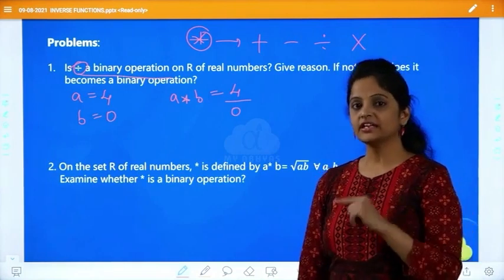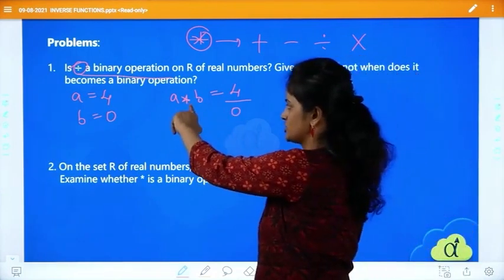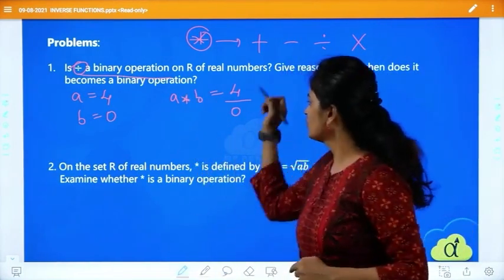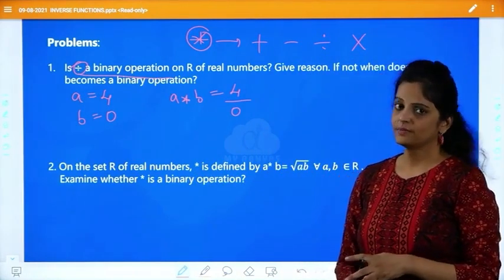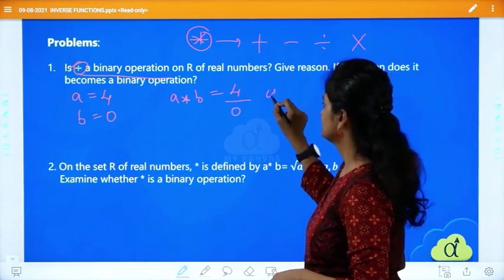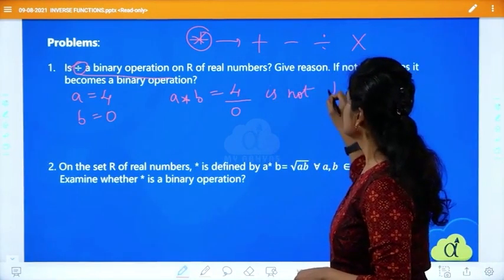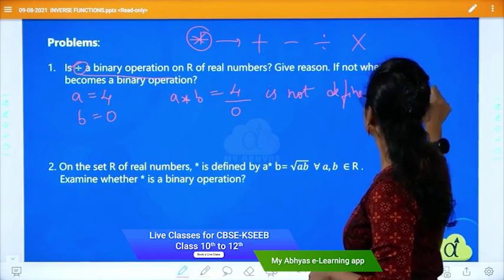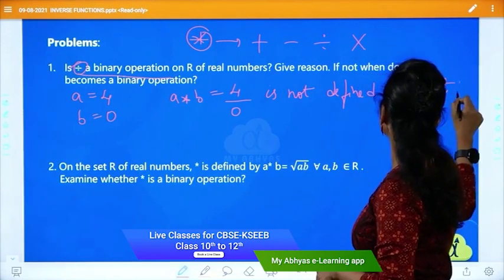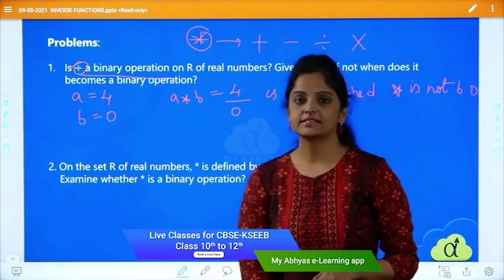So if I am taking division as one of the operations for star, then 4 divided by 0, whether it is defined or not. This is not defined. If it is not defined, then I can tell that star is not a binary operation. See the question.